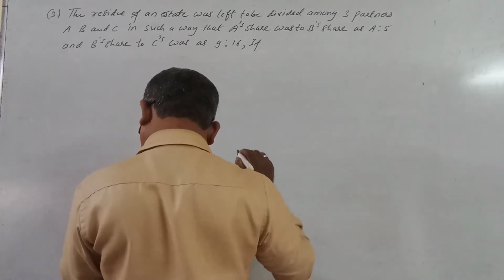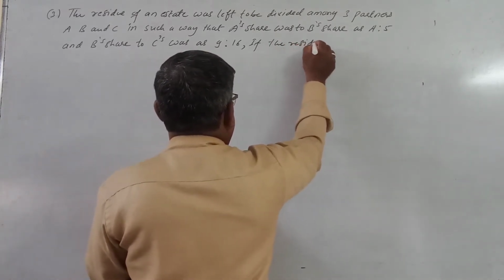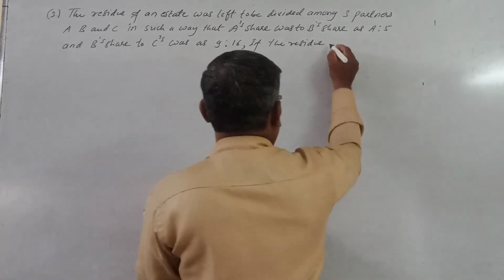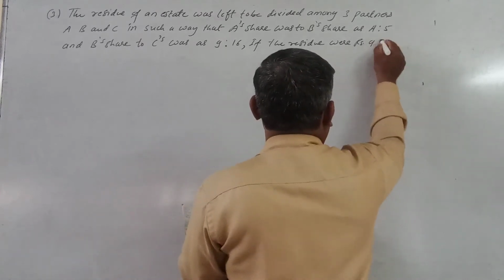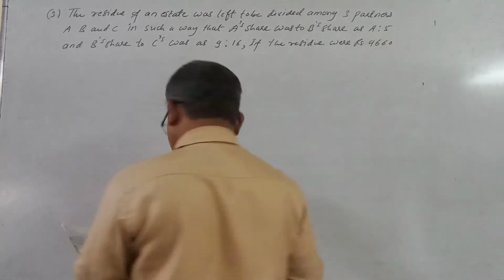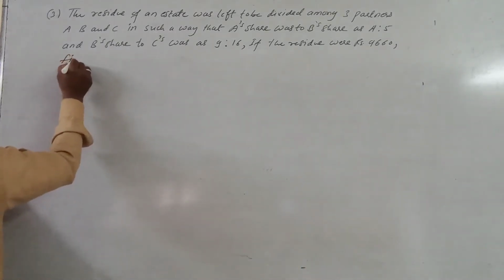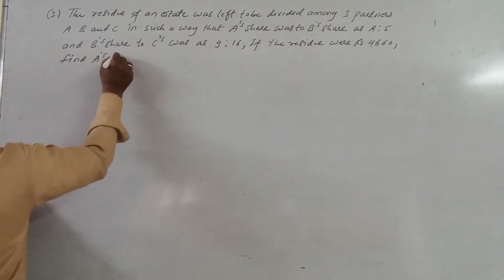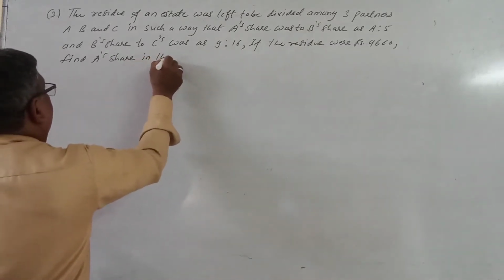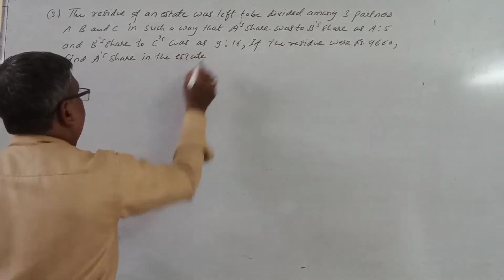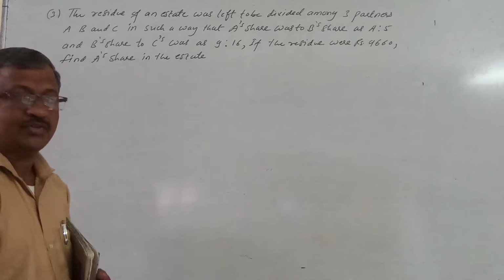If the residue were rupees 9,660, find A's share in the estate. What do you have to find? You have to find A's share in the estate.